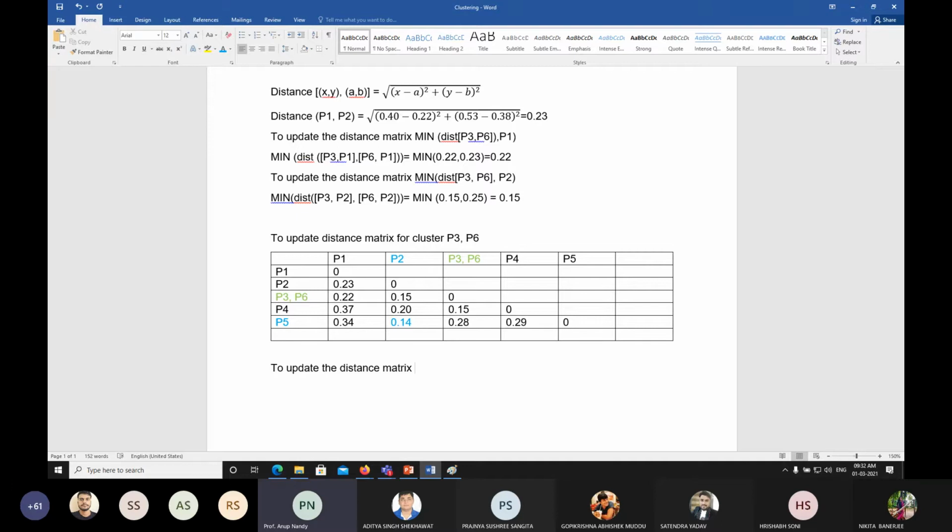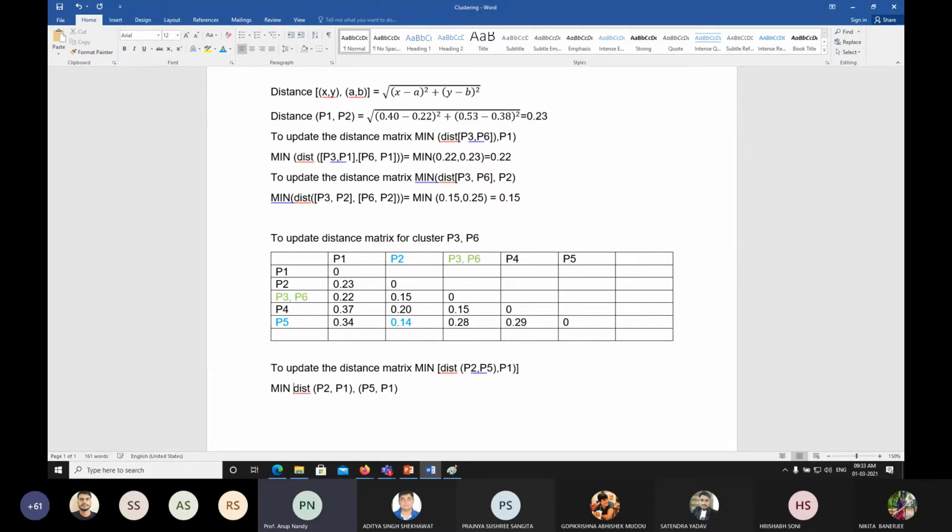Then you have to take this minimum of P2, P5 and minimum of dist of P2, P1, comma P5, P1.